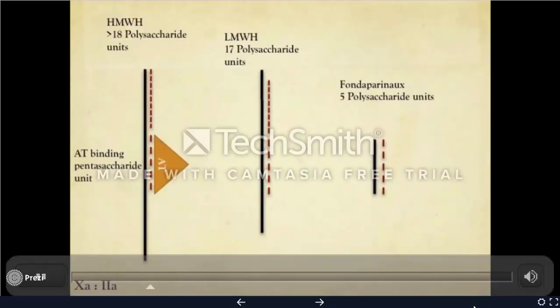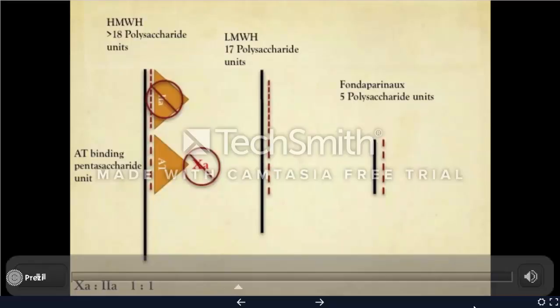Upon binding of the antithrombin to this pentasaccharide unit, the antithrombin gets activated and further binds the activated factor 10A, and finally inactivates this activated factor 10A. As this high molecular weight heparin is a very long molecule, it also tethers the activated factor 2A along its length, and the activated antithrombin inhibits the factor 2A also.